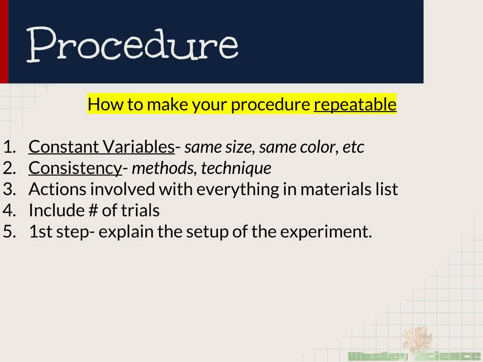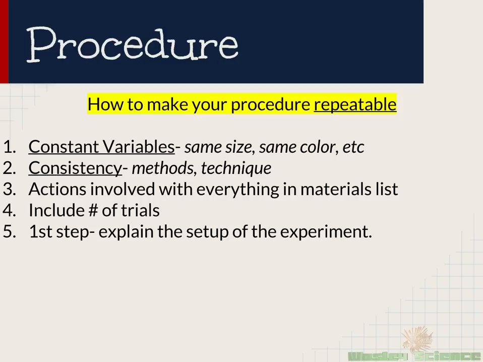And usually kids are going to have trouble with the first step because now I'm telling them they can't say gather the materials. So your first step should just be explaining how to set up your experiment. How far to set this and set that. What materials to put in where.